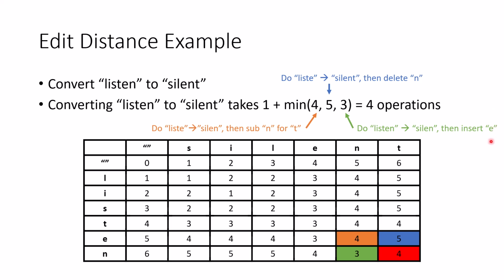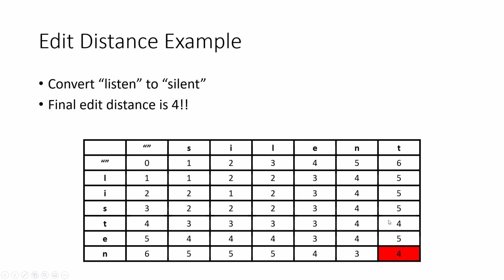I'll update that in the slides for you guys. But in either case, you should get that the optimal route to take will be the insert operation, so it's 3, and you're going to get 1 plus 3, which is 4. So the final edit distance from listen to silent will be 4.